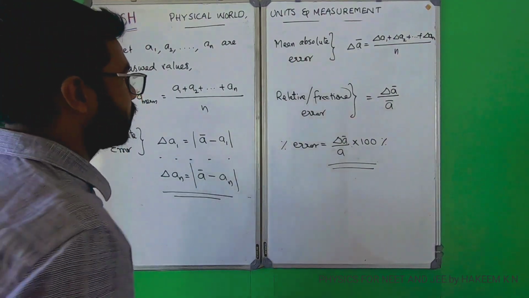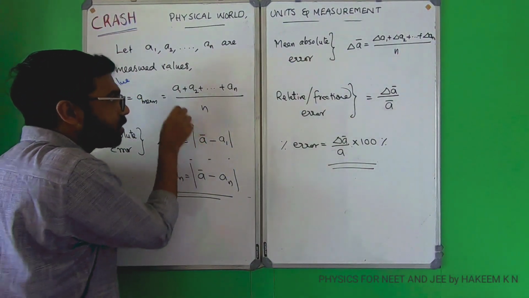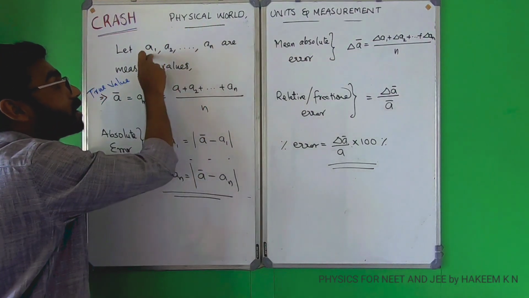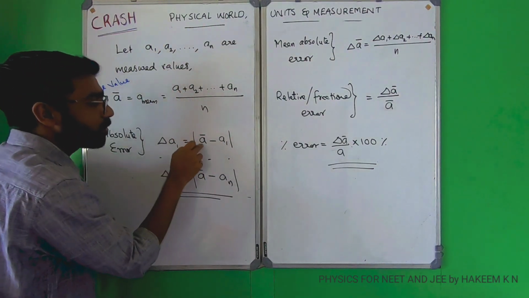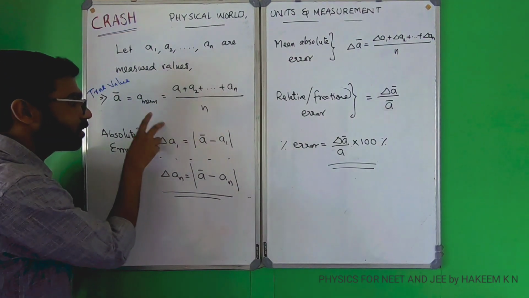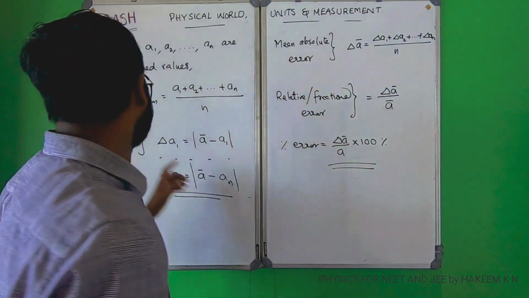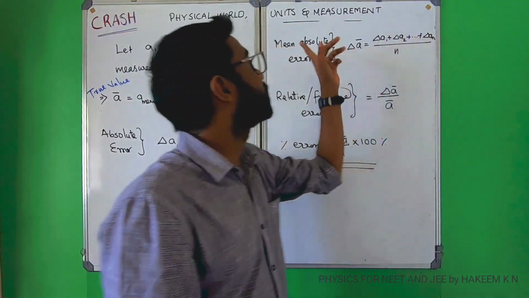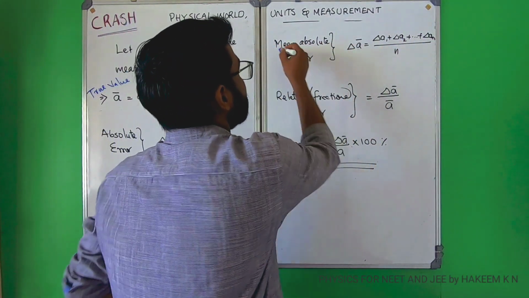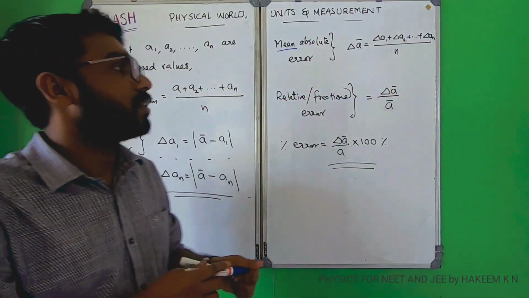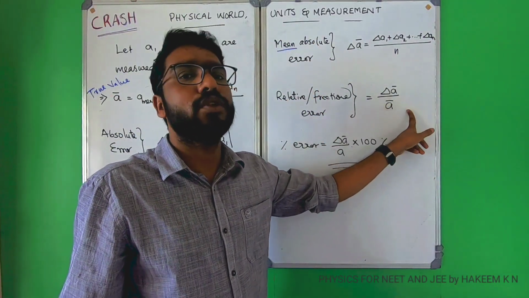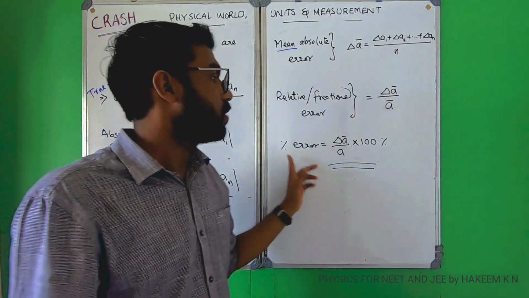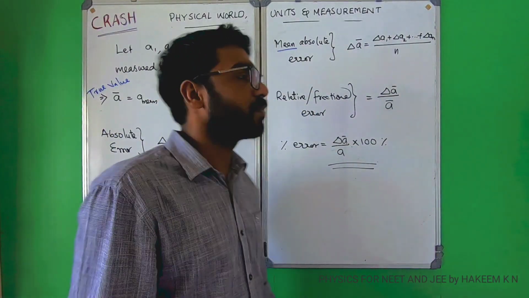Then when we subtract each measurement from the true value, we get the error in each measurement. Those errors are called absolute errors, and their average is the mean absolute error. Mean absolute error by true value gives the relative or fractional error, and multiplying with 100 we get the percentage error.